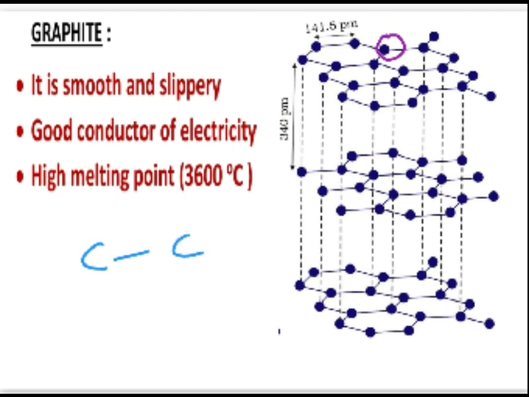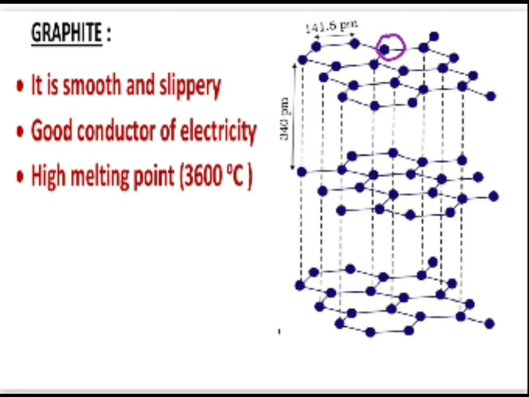Is it clear with reference to that extra electron present over it? So there is a pi bond formation within the hexagonal rings which satisfies the valency of carbon. The other thing you can remember here is that 1 electron of each carbon atom is free to move within the structure. As a result, it is a good conductor of electricity, right?